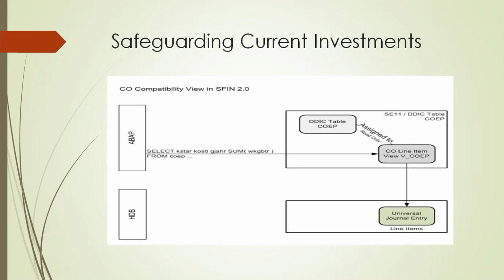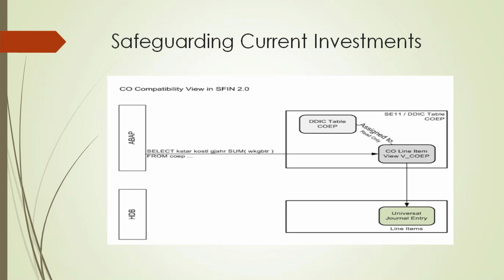Hello. So Gaurav, I have one question. If there are existing custom ABAP reports, do we need to change the table structure again by adding these fields? Sorry, can you repeat your question? For example, if an existing ECC system is already used by the business and they have written some queries, developed some custom reports using ABAP coding, and now they want to go for HANA.